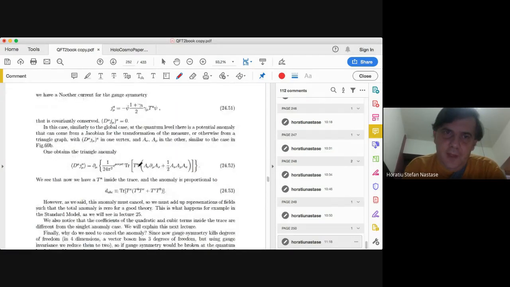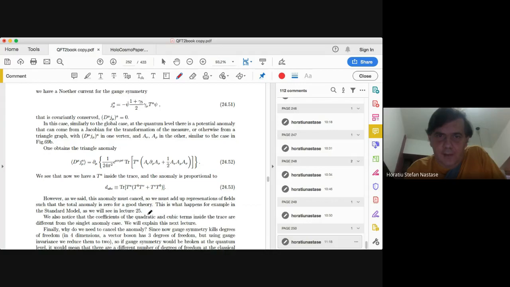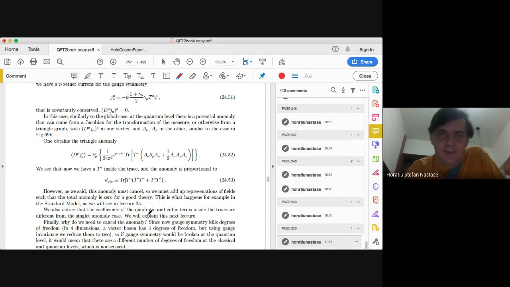But now the anomaly is equal to del mu, this number, epsilon mu nu rho sigma trace, now TA, because I said we have this insertion of TA, and then A dA, but then the coefficient in here is different. It will not be 2/3, but one half, A nu A rho A sigma. We'll explain a little bit later why the coefficient is different, in the next lecture.